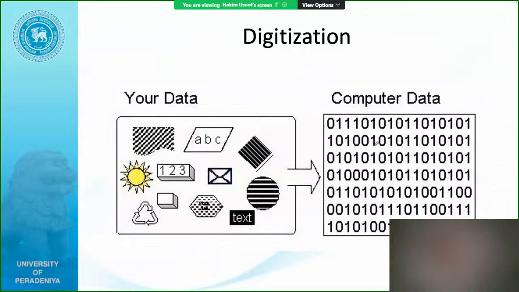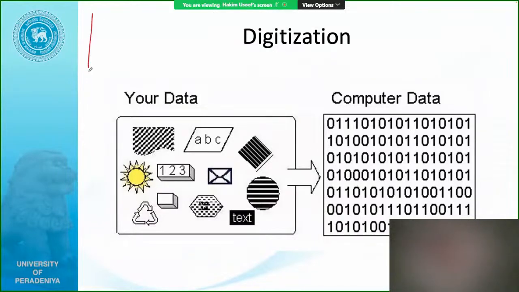Various colors in different positions create an image for us. When that image falls on our retina, in our eye, we see it. So it creates an image. But this image cannot be stored in a computer. How do you store it, right?